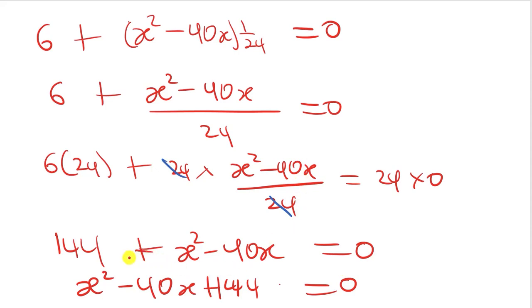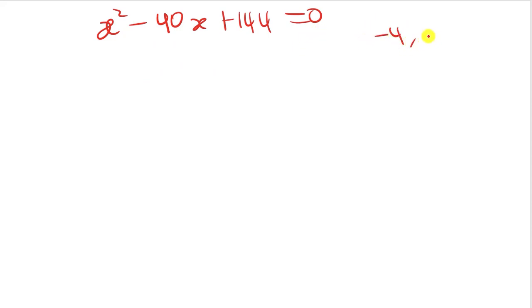So using the factorization method, if we are having x squared minus 40x plus 144 being equal to 0, the two factors that can make this possible are minus 4 and minus 36. When you pick the constant term, that is 144, and multiply by the coefficient, which is 1, you are going to get 144.